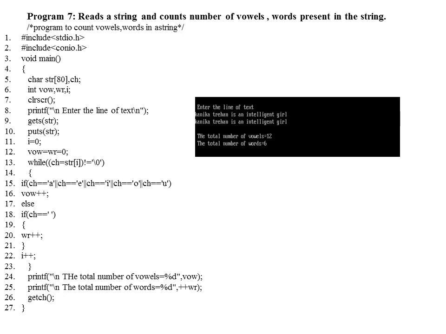Logical operators you have already covered. If ch is equal to a, if ch is equal to e, ch is equal to i, or ch is equal to o, if any character matches with the vowels, then you will do an increment of vow.